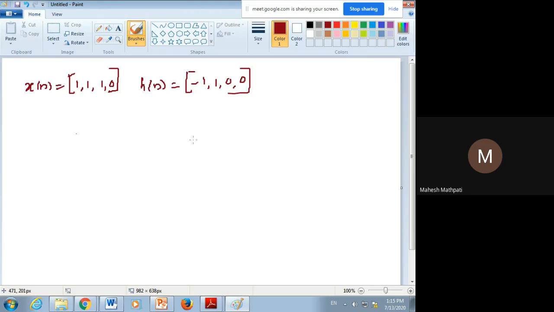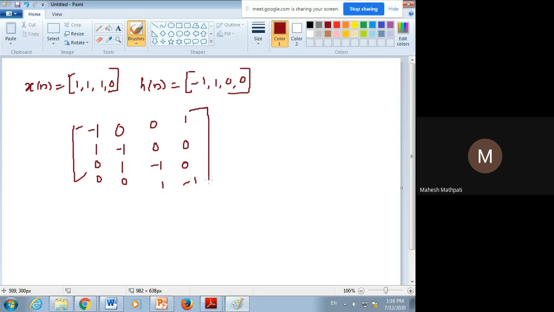So simply what we are writing is a matrix for this, H of n. First I am writing the matrix: -1 1 0 0, then 0 -1 1 0, 0 0 -1 1, and 1 0 0 -1.